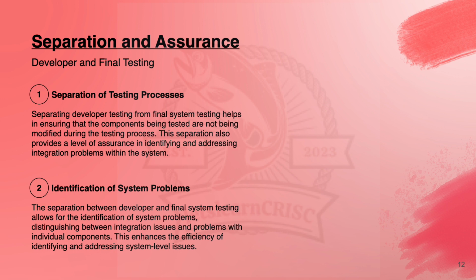This enhances the efficiency of identifying and addressing system level issues. Friends, the separation between developer and final system testing plays a pivotal role in efficiently identifying and addressing system level issues. This approach allows for targeted resolution of integration challenges, which enhances the collaboration between the teams and ultimately contributes to the reliability and effectiveness of the integrated system.